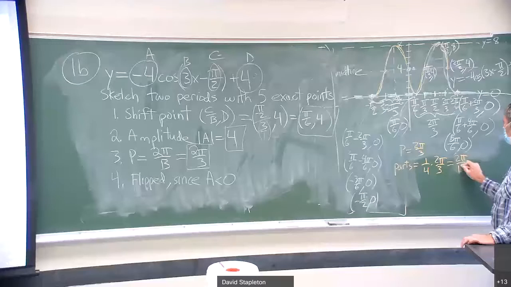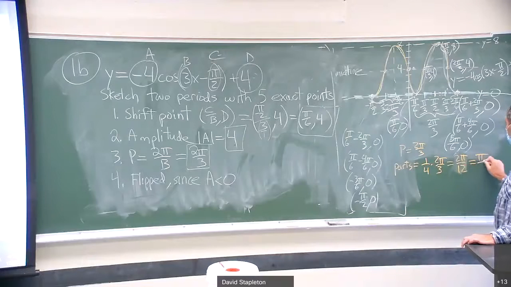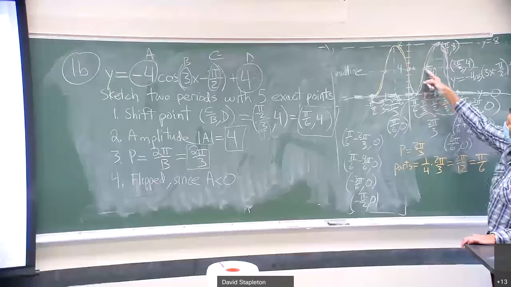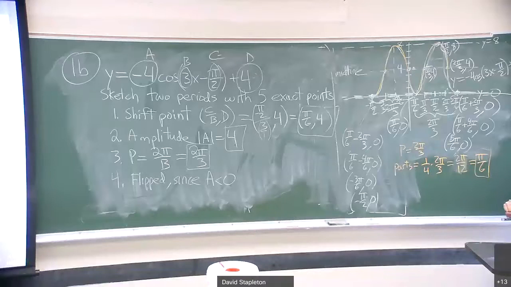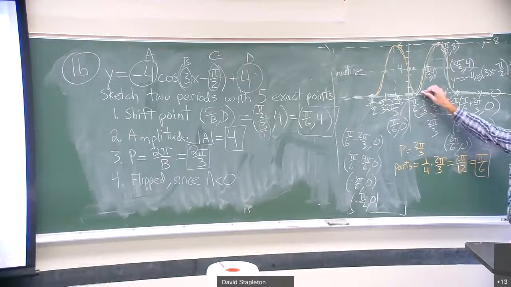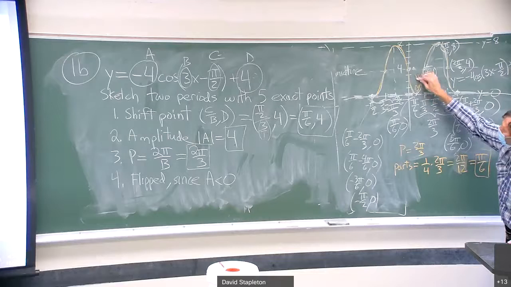So I know they're pi over 6 apart. So if this is pi over 6, this must be 1/4 period, 2 pi over 6, 3 pi over 6, 4 pi over 6, 5 pi over 6. That's what I did. That's kind of fast. Okay, gotcha. Thank you. You're welcome. Each of these then are pi over 6 apart.